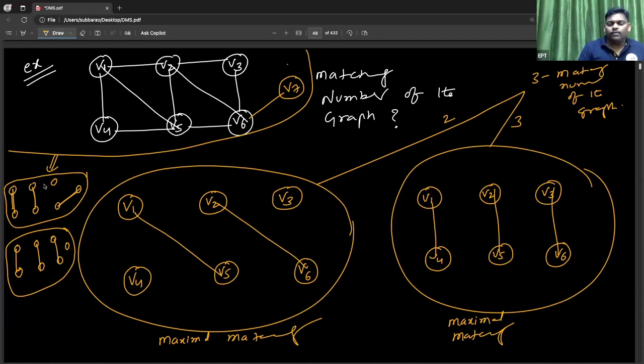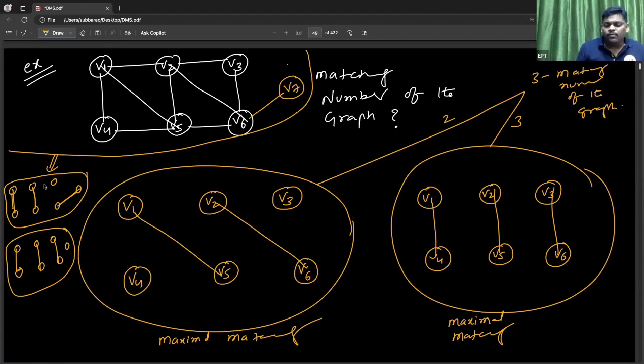Am I right or not? If at all it is possible, I think the answer is perfect matching only. Sometimes it is not possible. It depends upon the graph also.